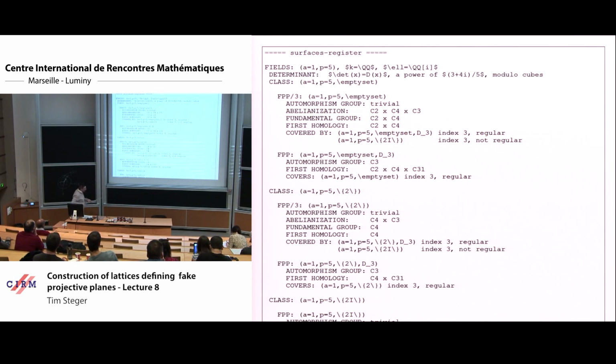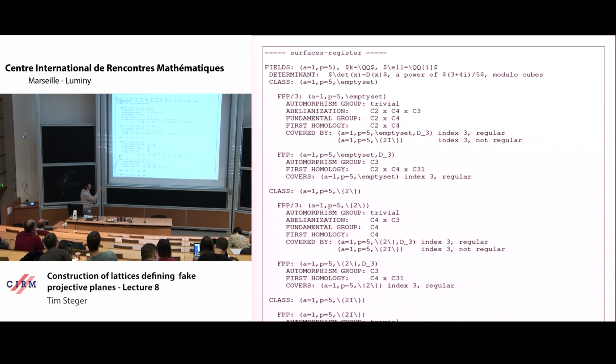Now, for each field, there's the story of what are the possible determinants of group elements. These always turn out to be, well, Donald explains this. These turn out to be S units in L, where S is the set of the two funny primes.